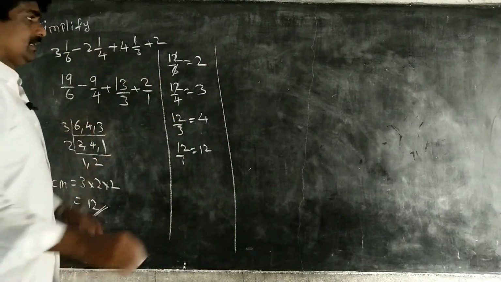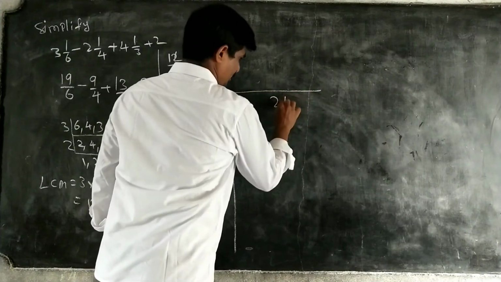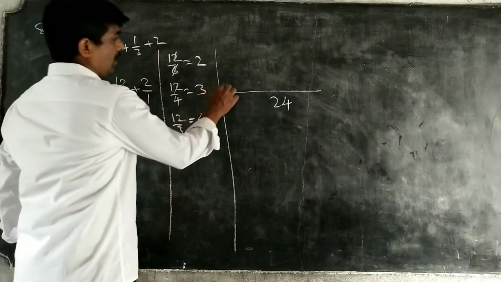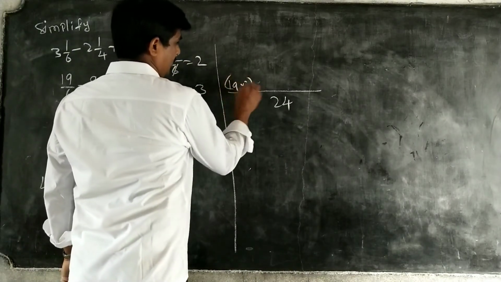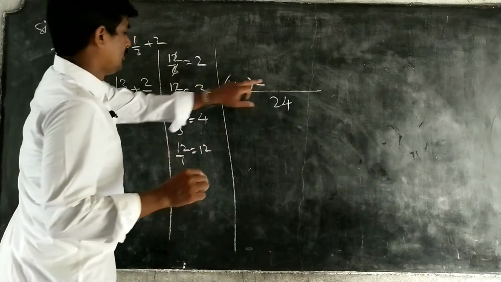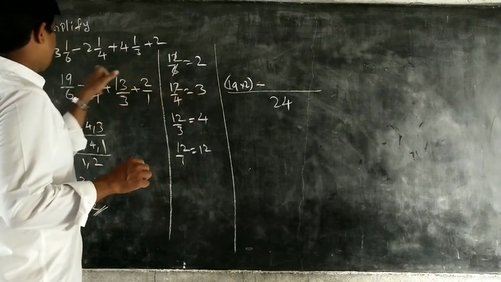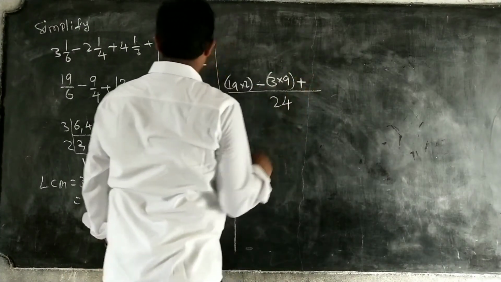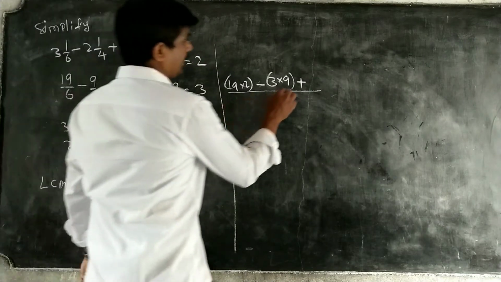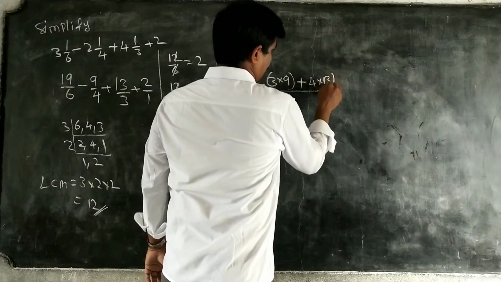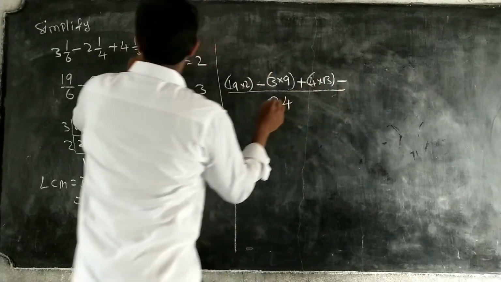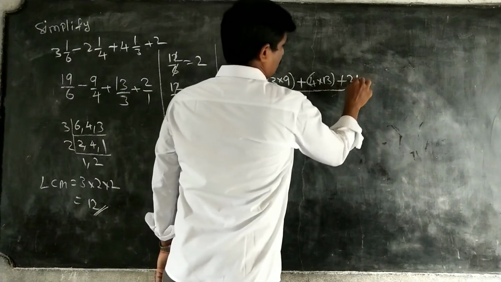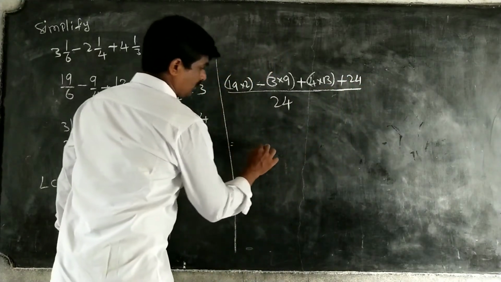Now, final, LCM is 24. These 2 into these 19 or 19 into 2, both are same, minus, that's why I am writing minus. Next, 3 9s are 27, 3 into 9 plus 4 into 13, here plus, that's why I am writing plus. 12 2s are 24, that is equal to 24.